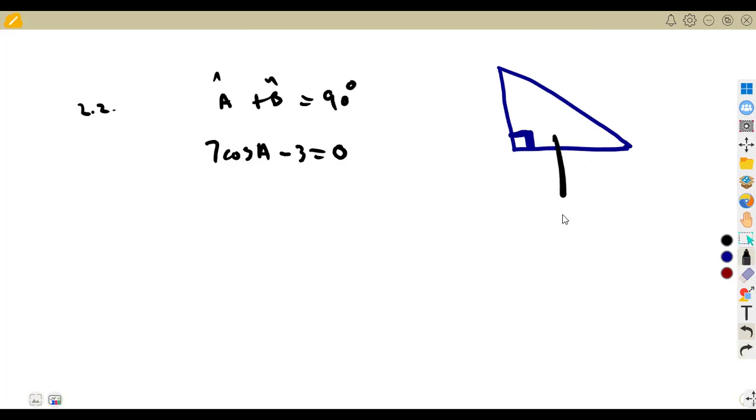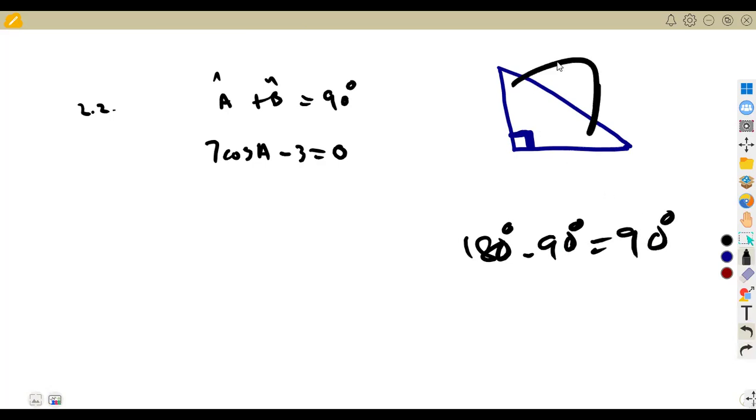Remember, angles in a triangle add up to 180. So if we subtract this 90 from 180, we remain with 90 degrees. So these two angles that we are seeing here are supposed to add up to 90 degrees. So that 90 and 90 gives us 180.